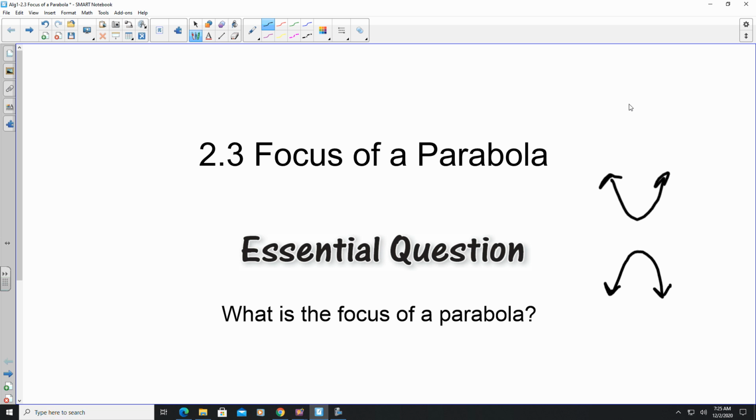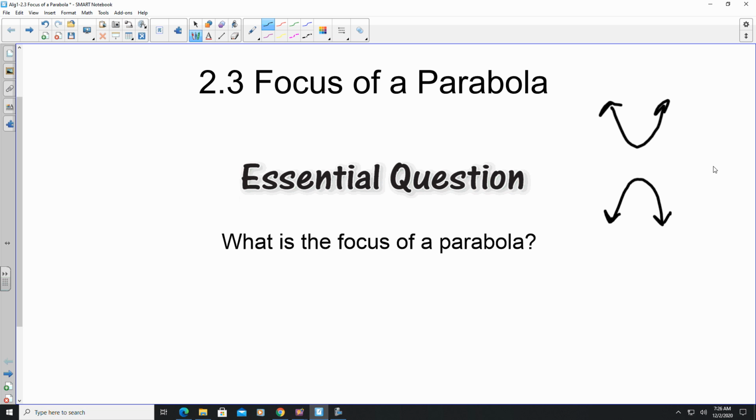There are other variations to creating a parabola. The other ones that we're going to look at today, on top of upside down and right side up U shapes, are U shapes that open up to the right or open up to the left.